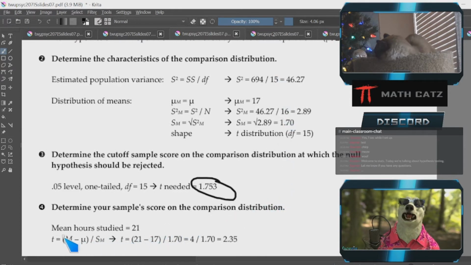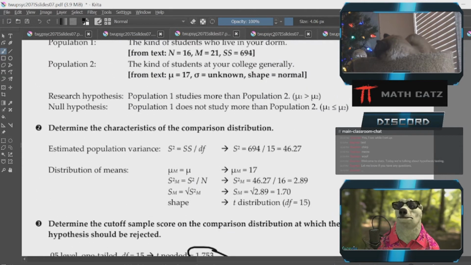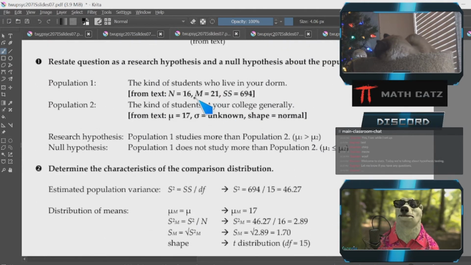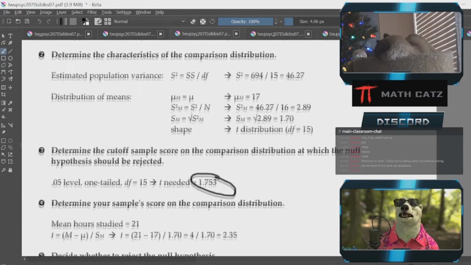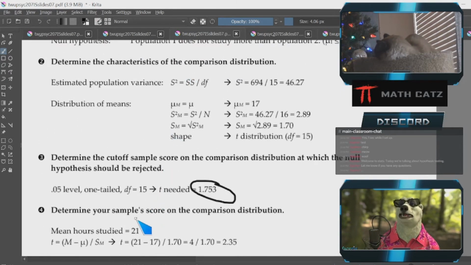In this case, we convert the sample mean, which up here is 21. That's what happened from the sample at our dorm, an average of 21 hours studied, I'm guessing in a week. We convert that to not a z-score, but a t-score in the exact same way.